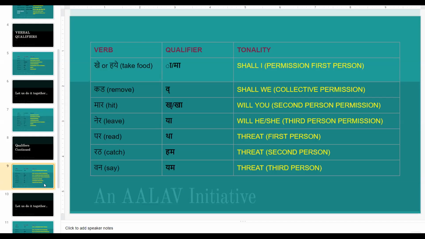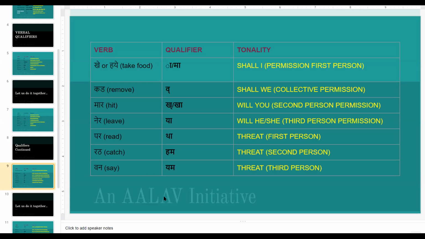So let's continue with this table. The second table, the first one was easy. The second one is a little tricky. So just bear with me on this one. So let's go again for the he part. Hema, you're asking for permission. Hema bat. Hem bat. Shall we take it? Hek bat. Will you take it?